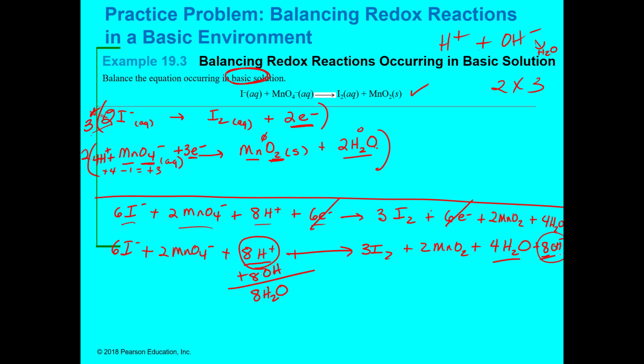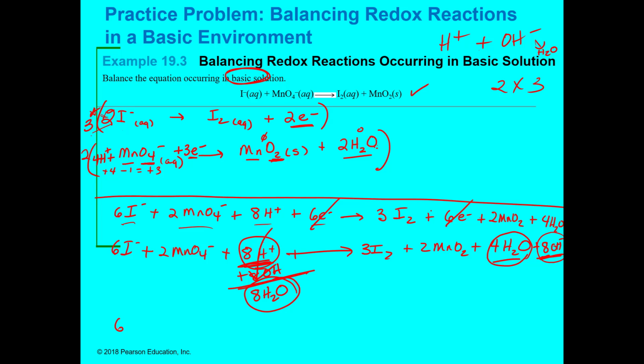So I added the 8 OH's on the right hand side to cancel out my H pluses, to cancel out my acid on that side. But if I add it to this side, I'm getting rid of my H plus, and now I have 8 H2Os. I have 4 H2Os over here. Okay, so this turns into that.